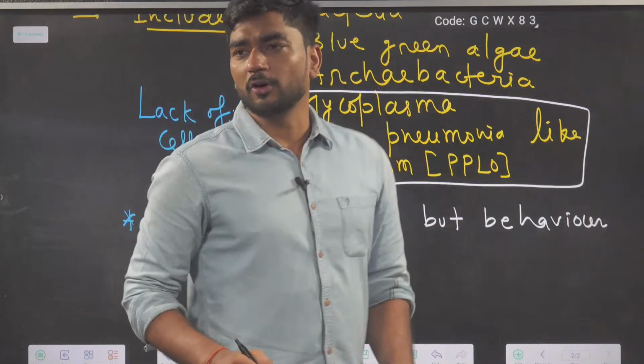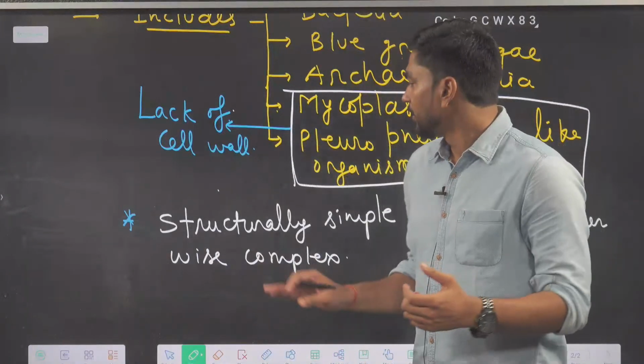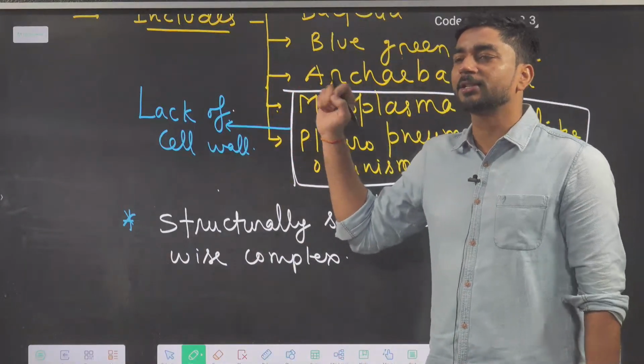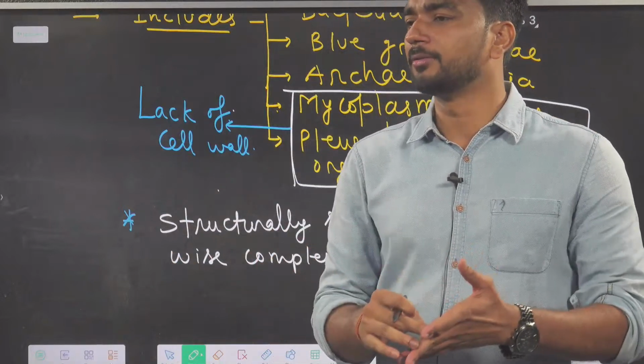Okay. So after that, what else we can add? So here we can say the structure, or we can say the shape of this bacteria is similar or variable.